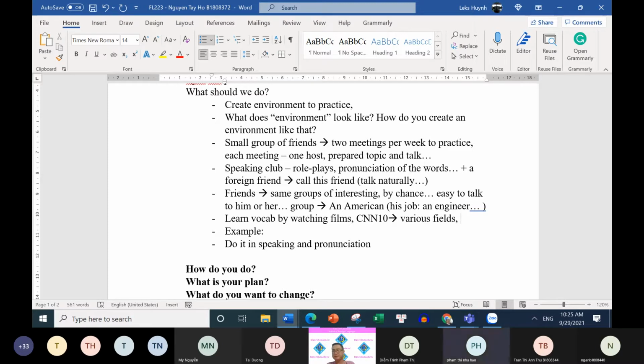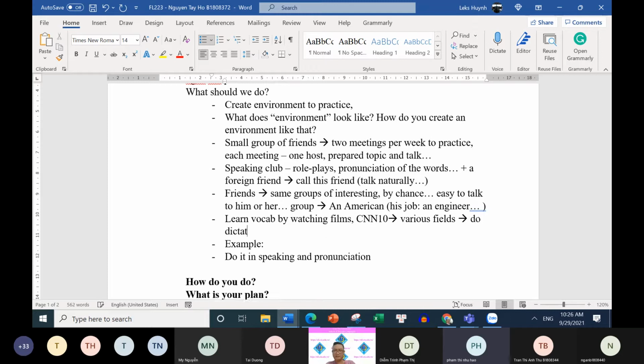When I watch CNN 10, I usually shadow, and if I have time, I write dictation. I write all the content of CNN 10, pick out the new words and write them in my notebook, and then I learn them by heart immediately, then the day after, and a week later.